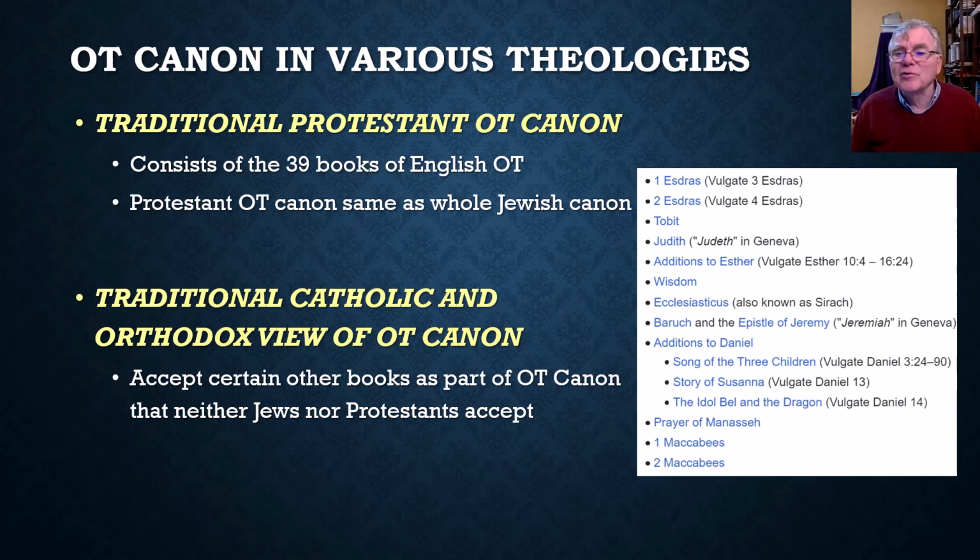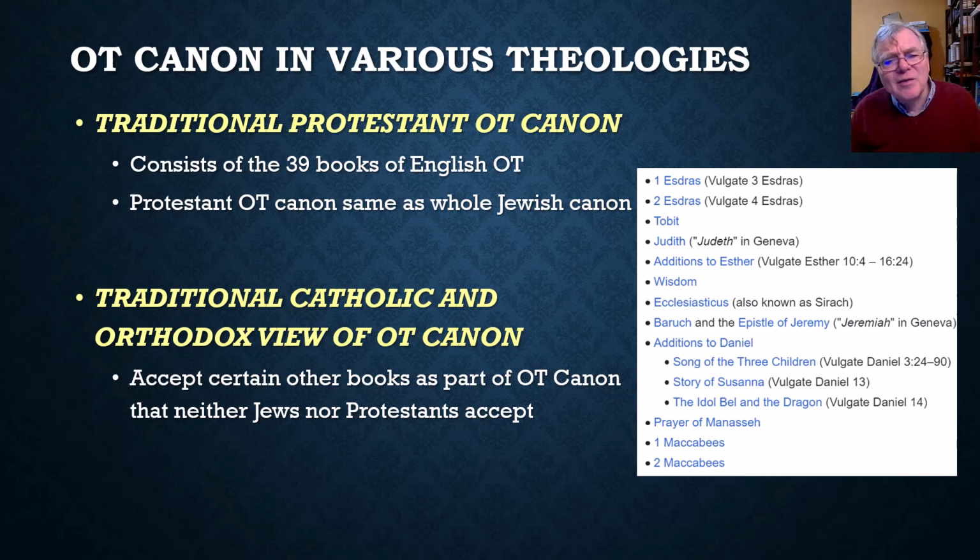They are books like 1st and 2nd Ezra's and Tobit and Judith and additions to Esther and Wisdom and Ecclesiasticus, also known as Sirach, and a whole list of these books. And traditional Catholics and Orthodox, Eastern Orthodox, will accept most of these books as a part of Old Testament scripture.